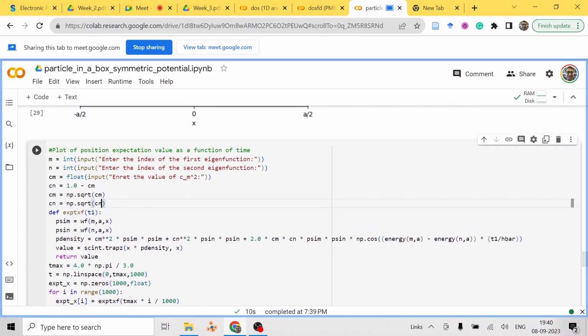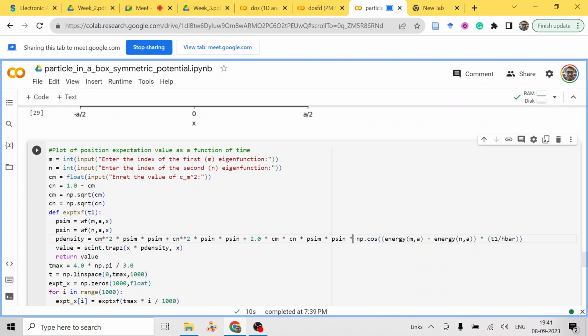Alright, let's go to another. Now we have to plot the position expectation value as a function of time. So we are again taking the eigenstate m and n, putting the value of Cn, and then finding the expectation value of x, and this is the probability density function.